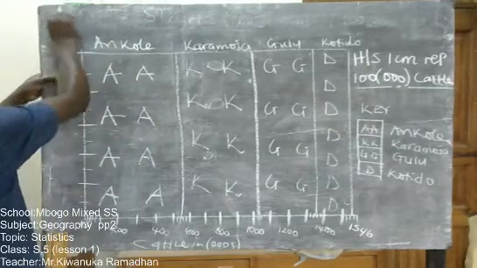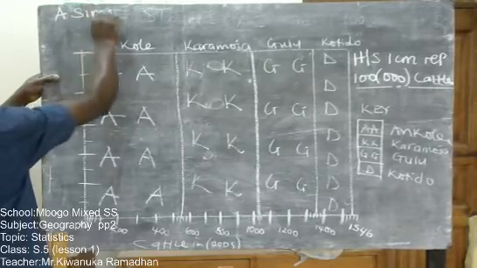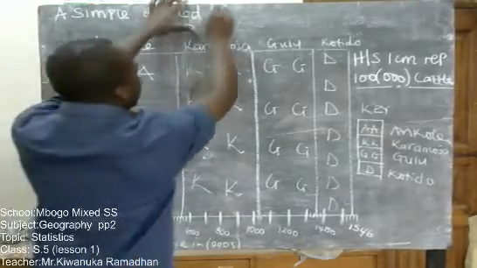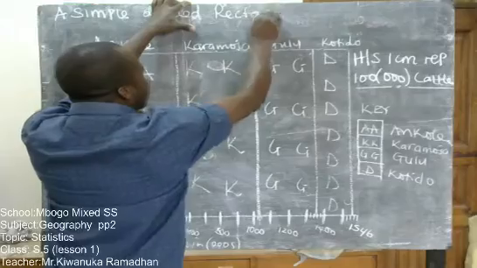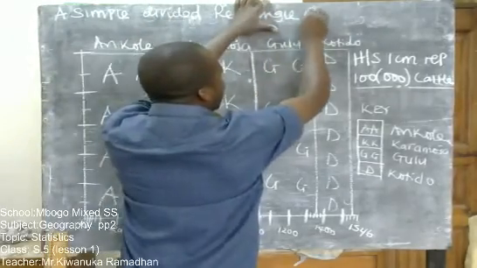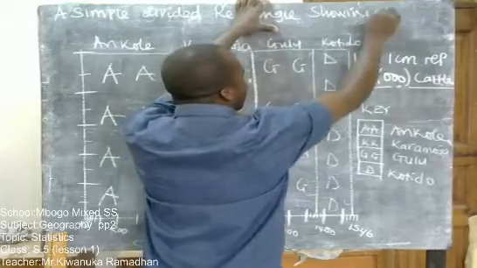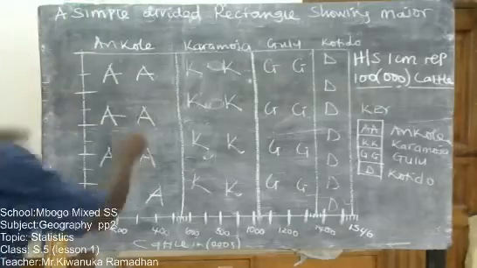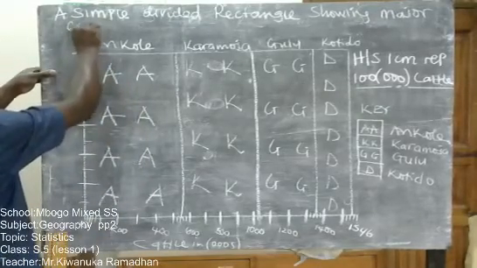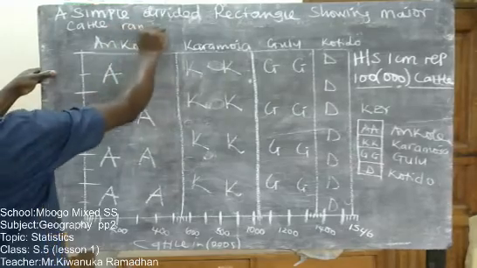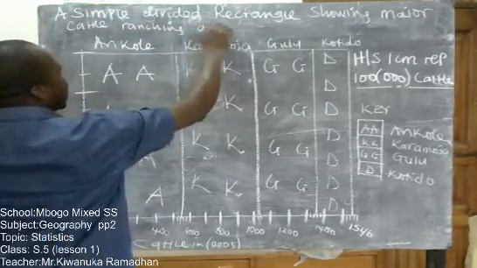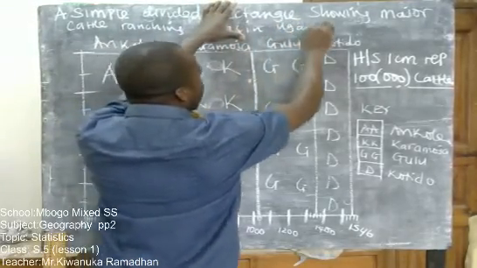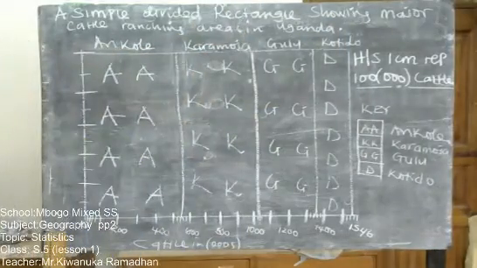So we say a simple divided rectangle showing major cattle ranching areas in Uganda.